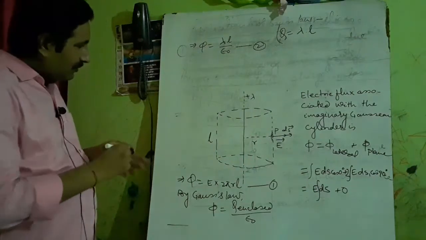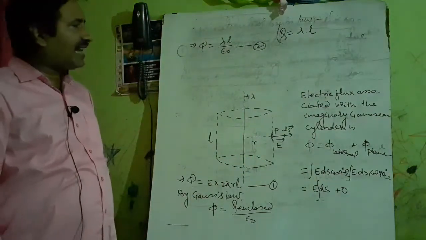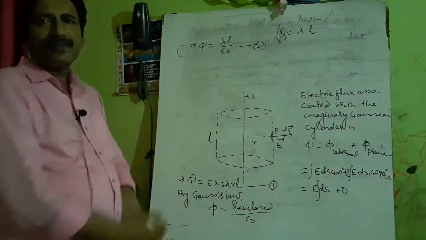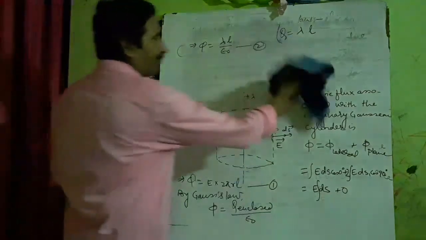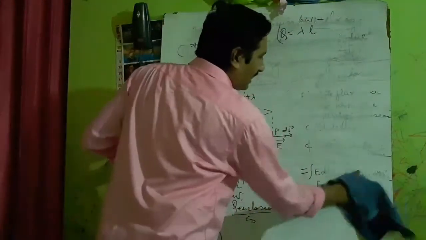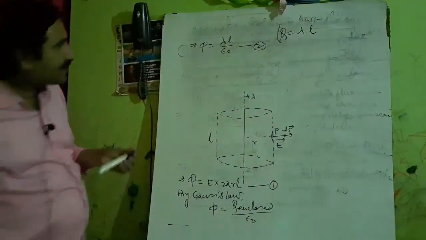Now see, these 2 phi are the electric flux through the same surface, so they should be equal. Means from equations 1 and 2, what will we get?